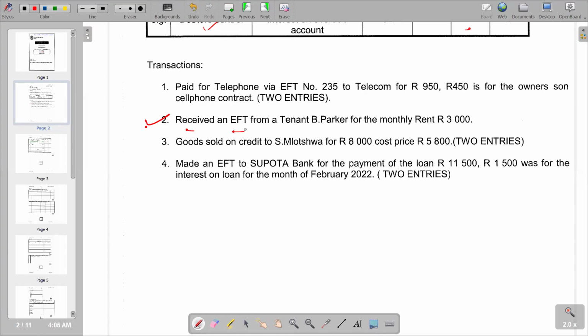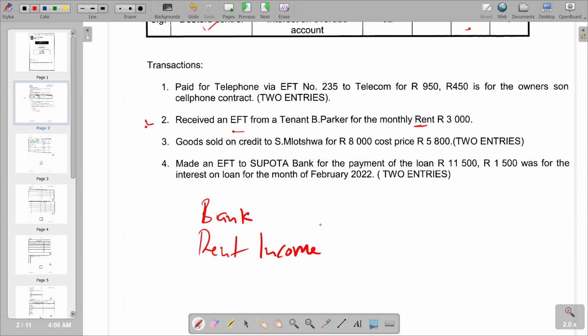So obviously we have the bank account there. And by using our bank, we also try to identify the other account. So we're saying this is our bank, and then you see that this is rent. So obviously, this is going to be our rent income since we are receiving.